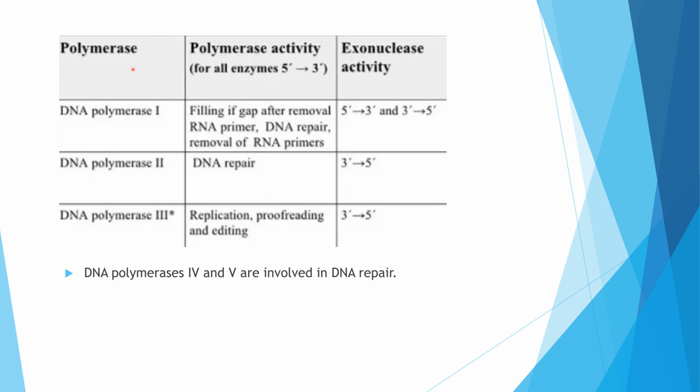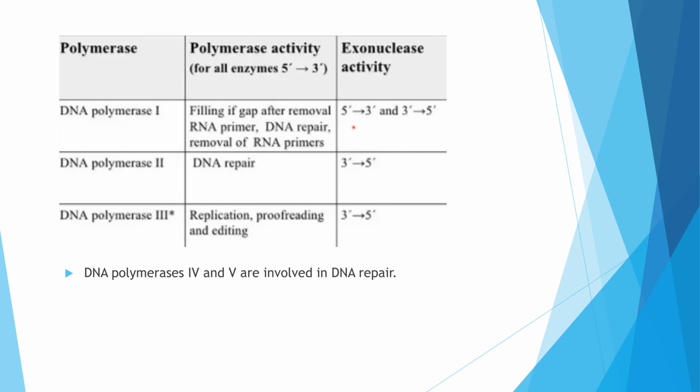Here in this table we can see the polymerase and exonuclease activity of DNA polymerases. Polymerase activity for all enzymes is always in the 5 to 3 direction. DNA polymerase 1 is involved in filling the gap after removal of RNA primers, and in DNA repair.